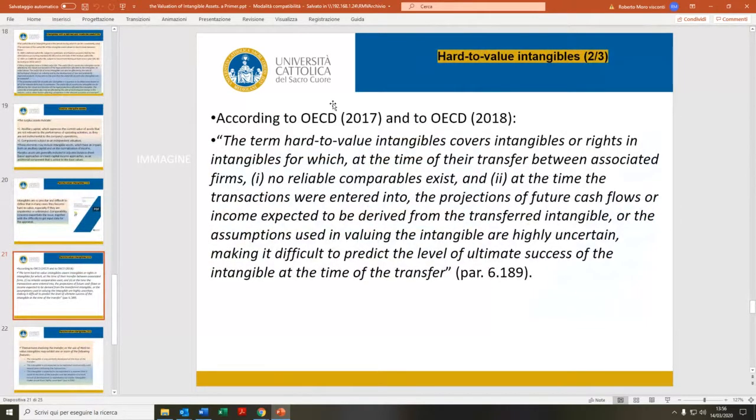According to the OECD guidelines, the term hard to value intangibles covers intangibles for which there are no reliable comparables. The projections of future cash flows are very difficult, and so it is not easy to assess the value of this kind of intangibles.